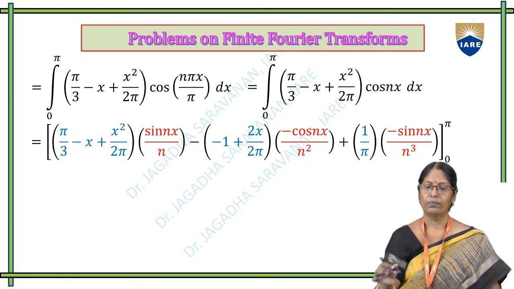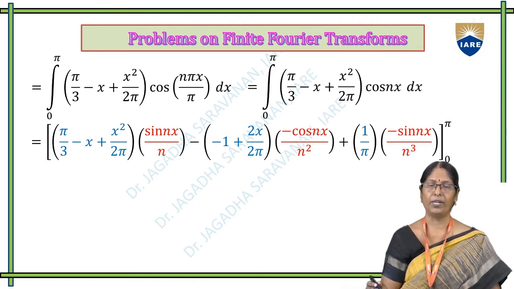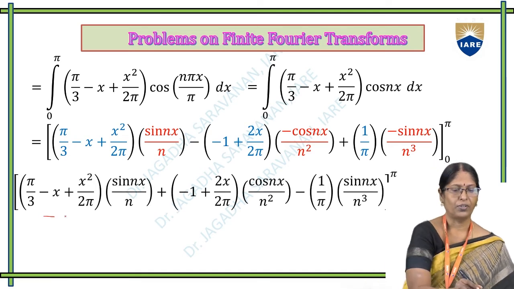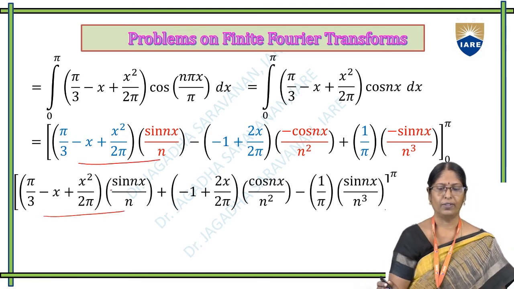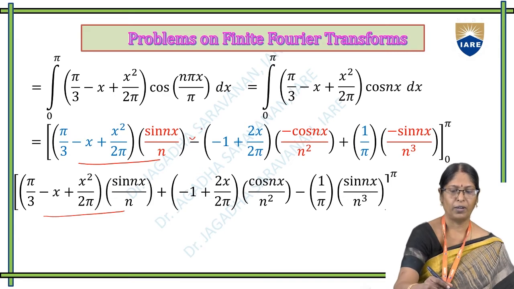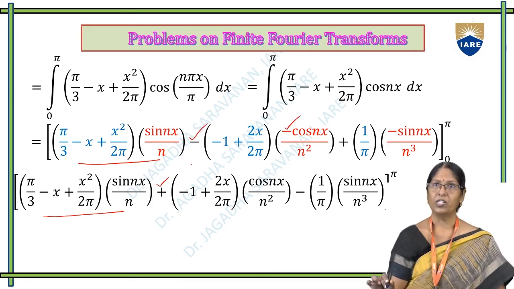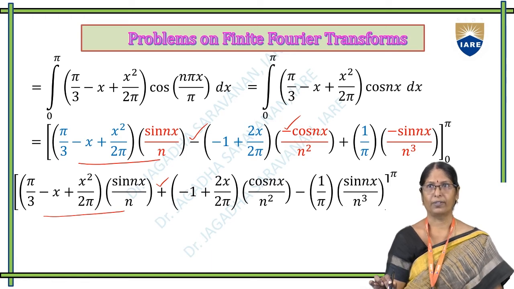Now, substitution. But we won't do the substitution immediately. We will check the signs. We want a single sign for each term. The first term is written as it is. For the second term, here minus, we made it minus into minus, plus.